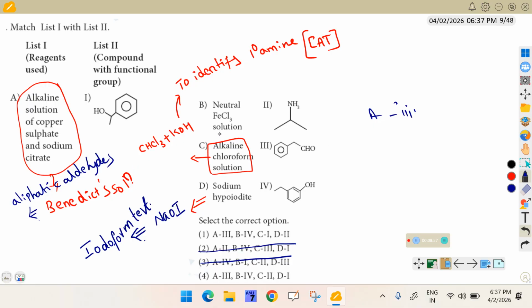After that, neutral FeCl3 solution gives the neutral FeCl3 test with phenols; phenolic groups give the neutral FeCl3 test. B4. After that, chloroform: it can be the carbylamine test. C2. Based on that, the fourth option is correct.